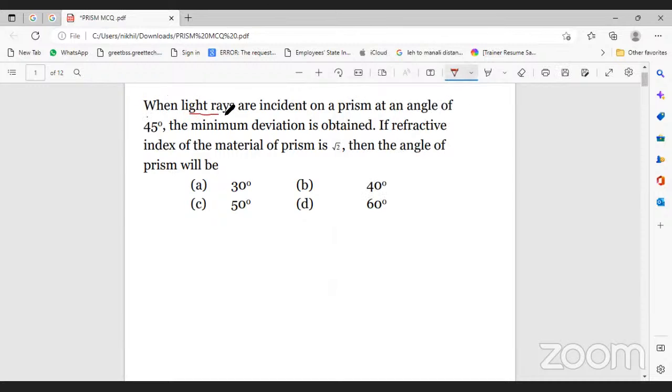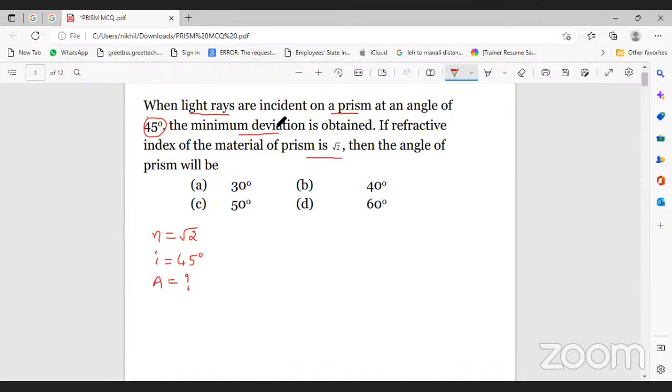Light rays are incident on a prism at an angle of 45 degrees, and minimum deviation is obtained. The refractive index is given as √2. The angle of incidence is 45 degrees. You have to find the angle of the prism.